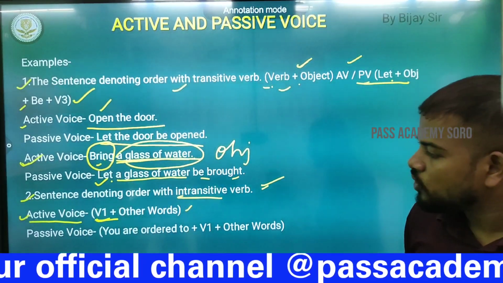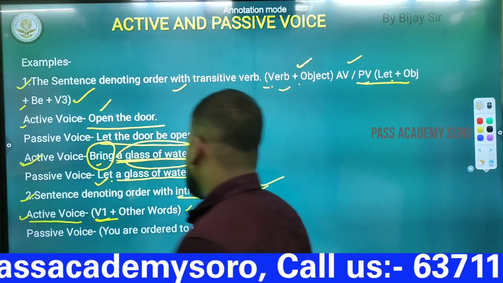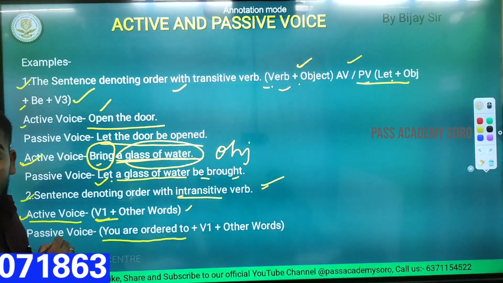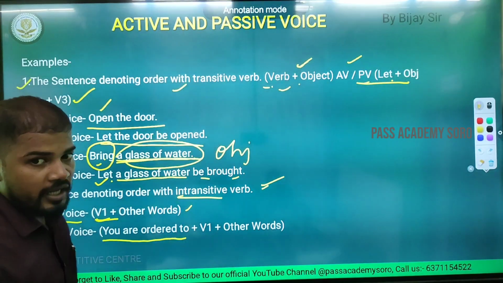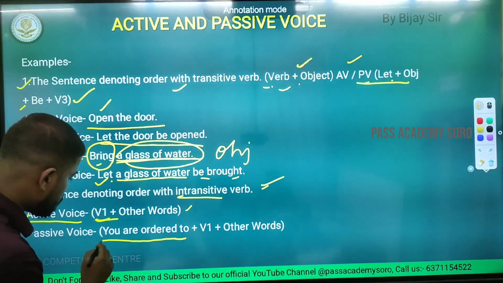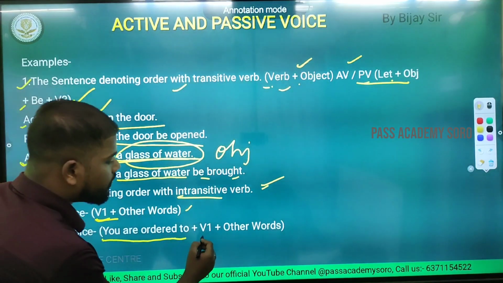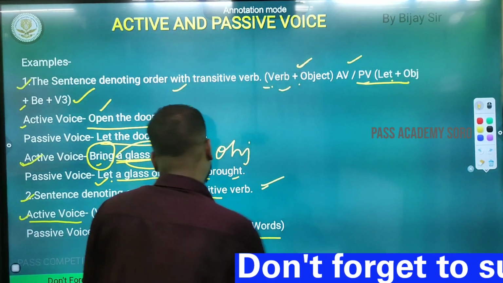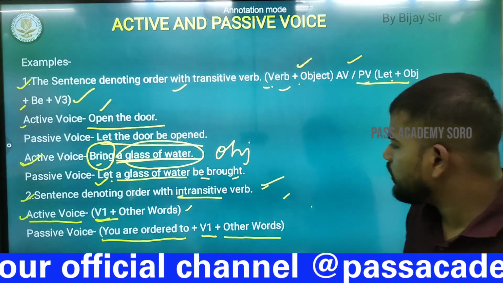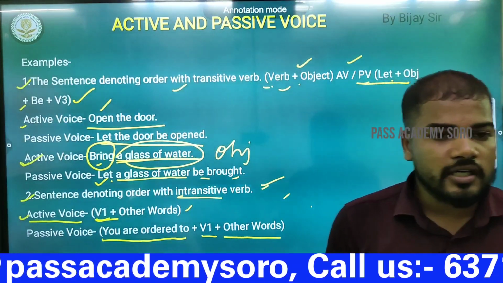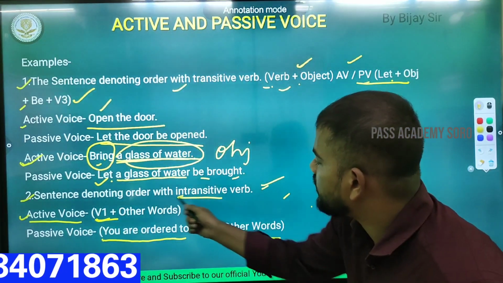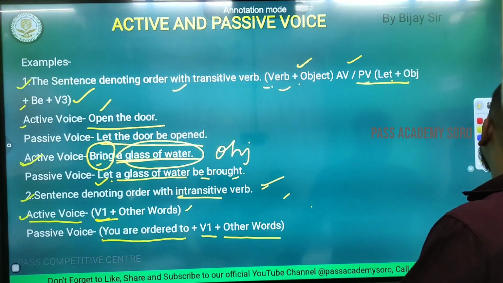While converting into passive voice, we have to use you are ordered to. If there is an intransitive verb, we cannot use let here. We use you are ordered to, then V1, then the other words of the sentence. Now I will give you certain examples so it will be easy to understand how to convert a sentence denoting order with an intransitive verb.